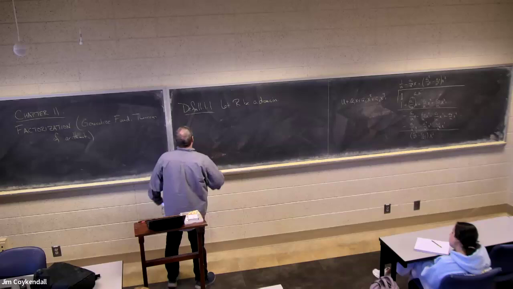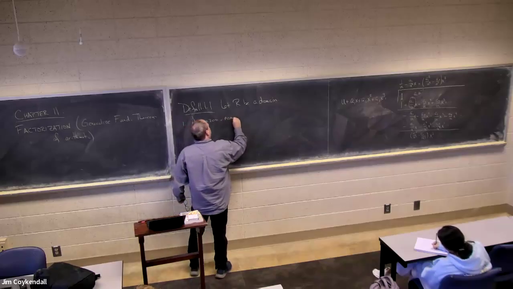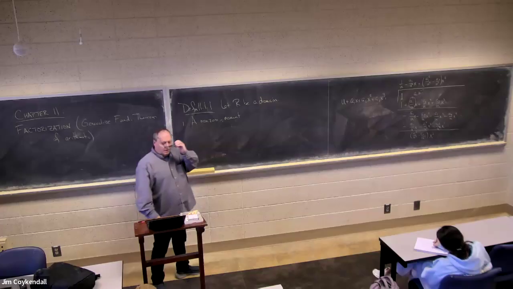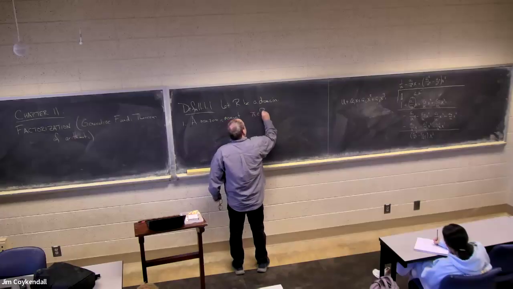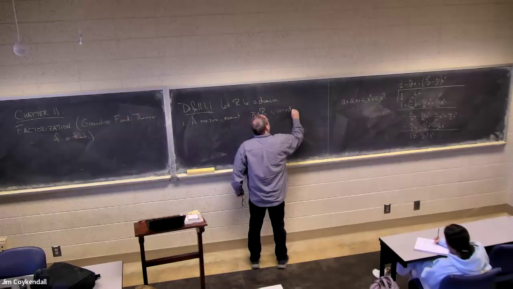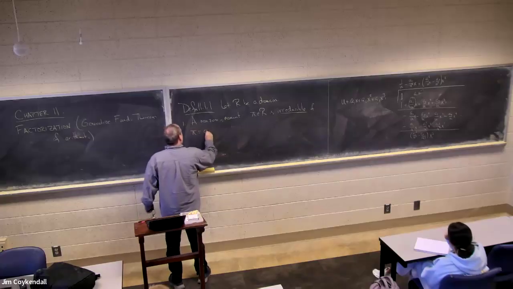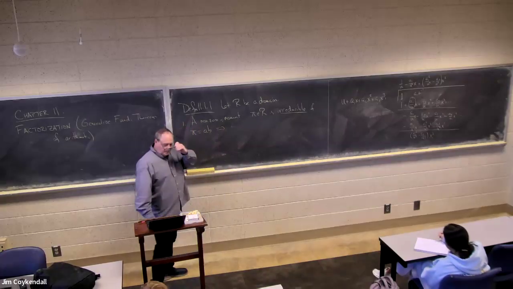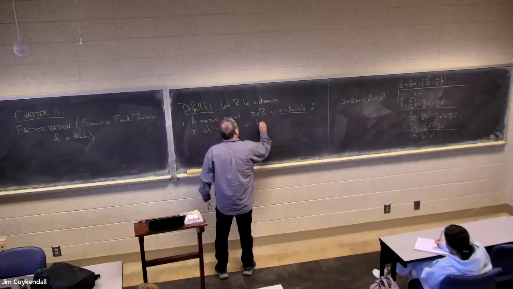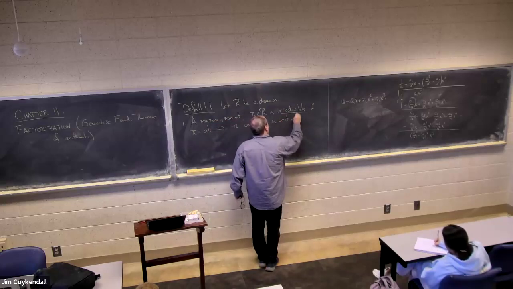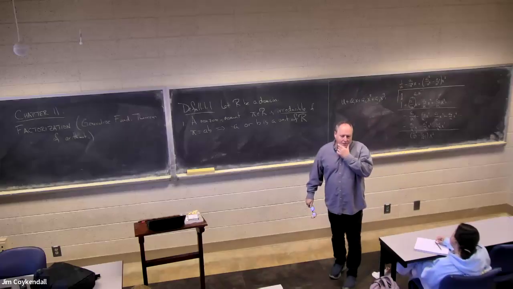So number one, a non-zero, non-unit, an element that is neither zero nor a unit, pi in R, is irreducible if whenever you can factor it, this generalizes probably the first definition you heard for a prime integer in the old days.